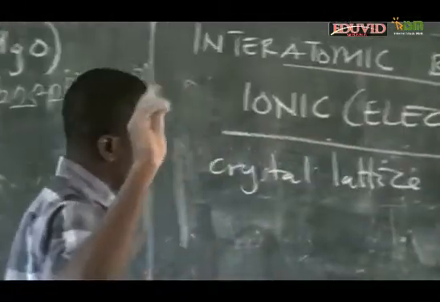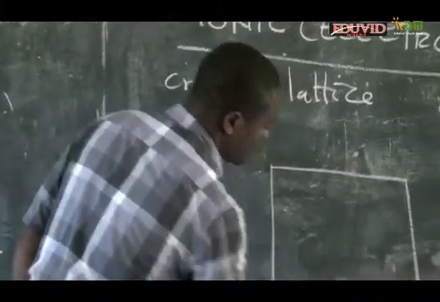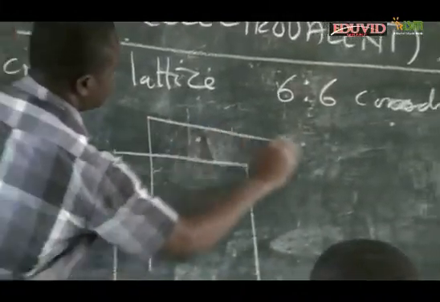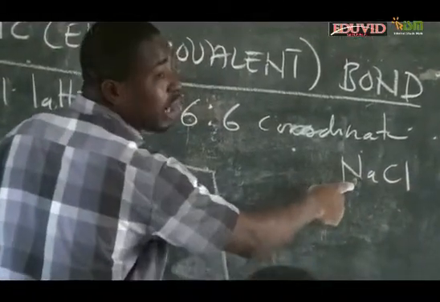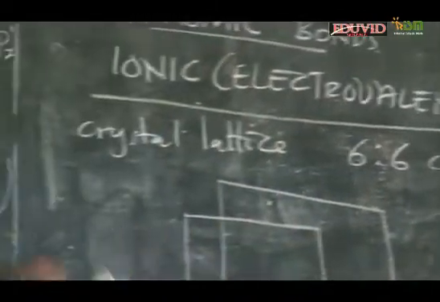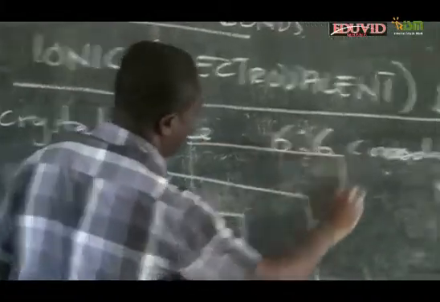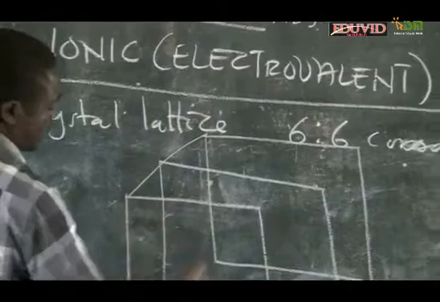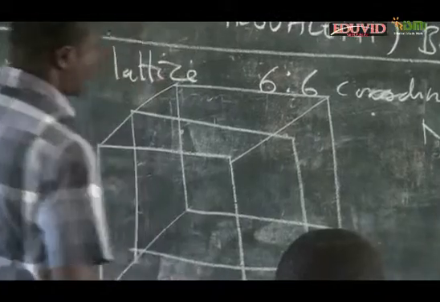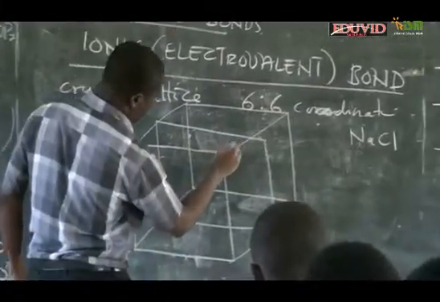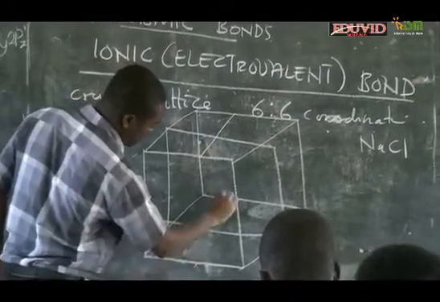So let's just take a unit lattice for sodium chloride. Every sodium ion has 6 chloride ions surrounding it.